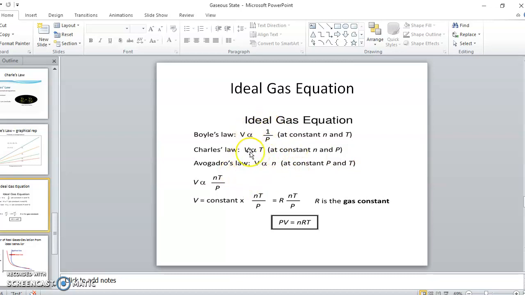By combining all these three, we get V is proportional to nT by P, or V = a constant into nT by P, and that constant is R, called the universal gas constant. So we can say PV = nRT. That is called the ideal gas equation, PV = nRT.